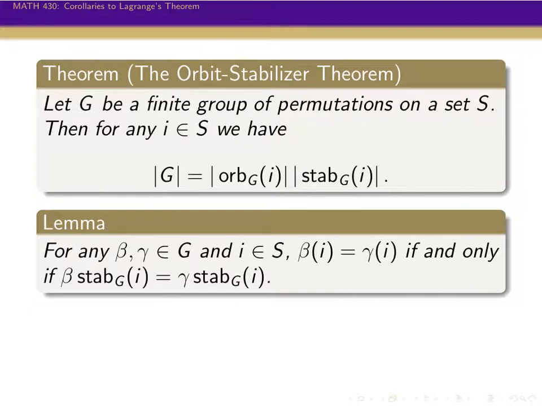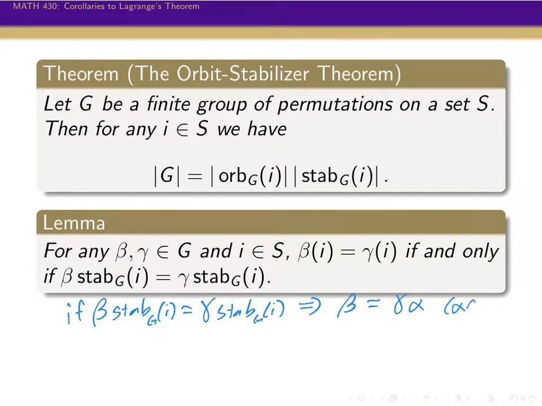And so if beta times the stabilizer of i equals gamma times the stabilizer of i, this means that beta is equal to gamma times some alpha, where alpha is in the stabilizer of i.